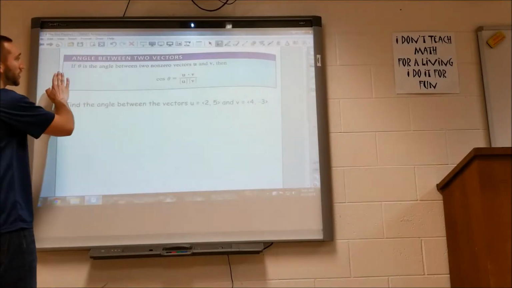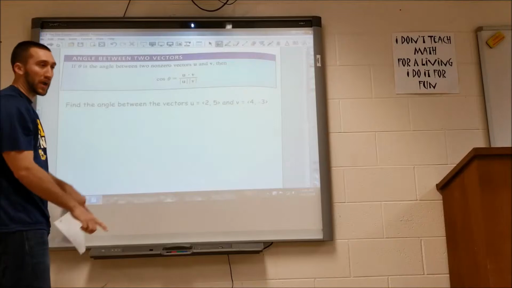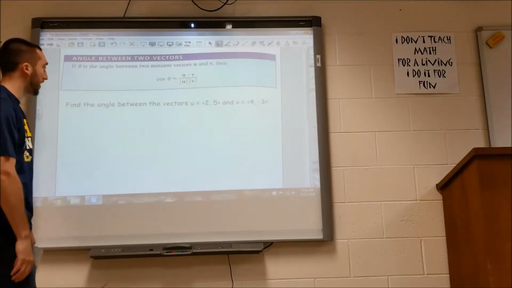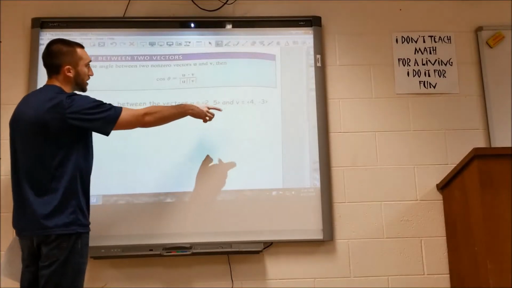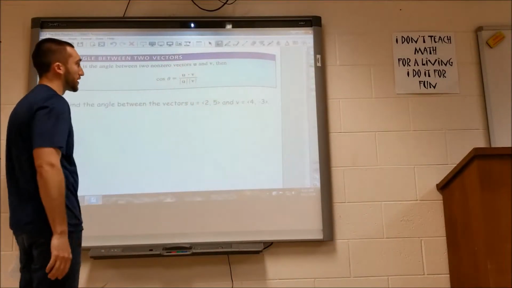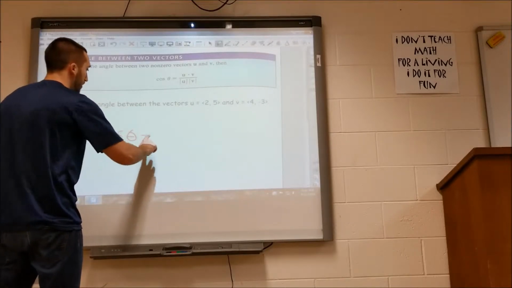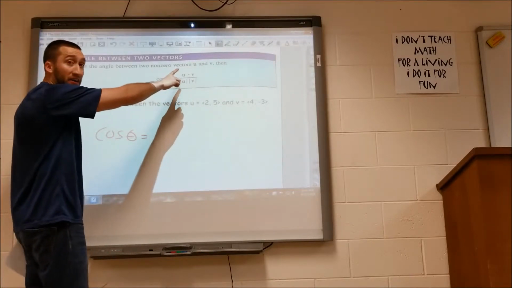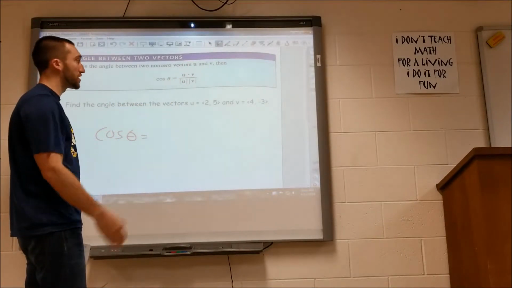Next, it might help us to know the angle between two vectors, right? So actually, how far apart are these two vectors? So let's find the angle between the vectors u and v given this formula here. Cosine of theta is equal to the dot product of u and v over the magnitude of u and v each.